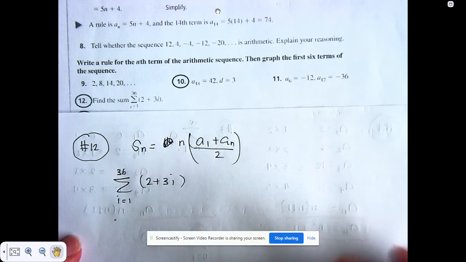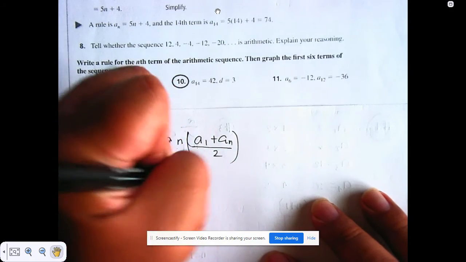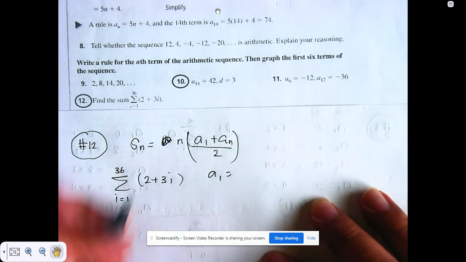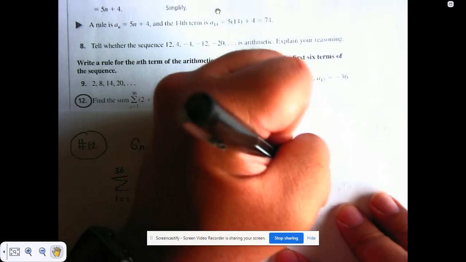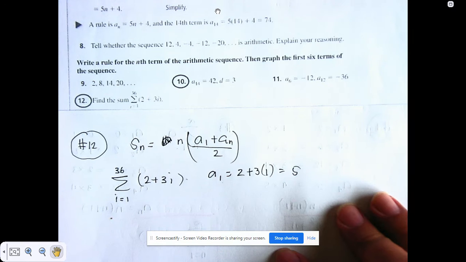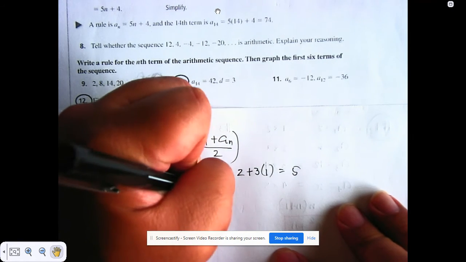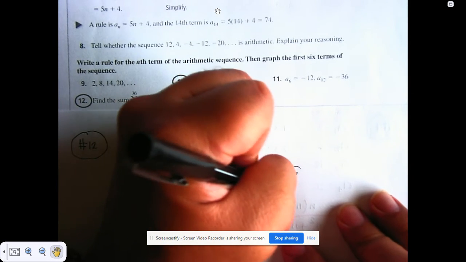So all we got to do is first find a sub 1 and a sub n. So a sub 1 would now be substituting 1 here. So that's going to be 2 plus 3 times 1, that gives me 5. And then the last term, which is 36, so that's going to be a of 36 equals 2 plus 3 times 36.